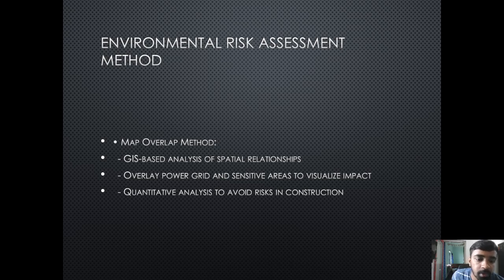The map overlay method uses the GIS based analysis for the spatial relationship between the environmental factors that are affecting the environment. This method overlays the power grids and sensitive areas to visualize the impact, quantitative analysis to avoid the risk in the constructions.